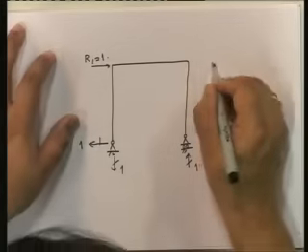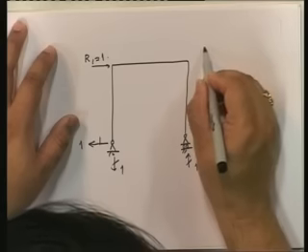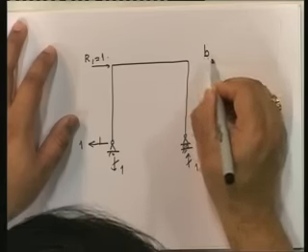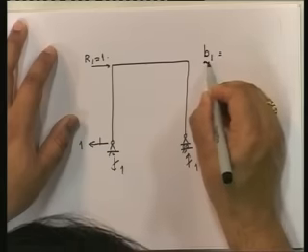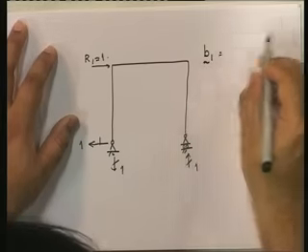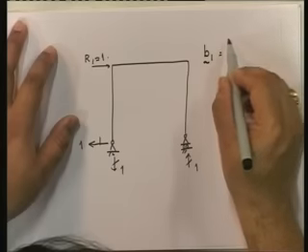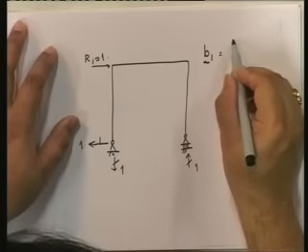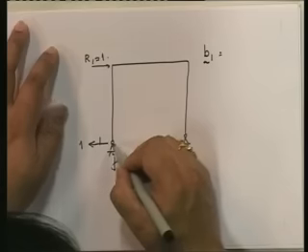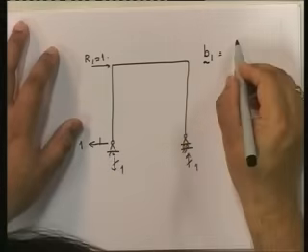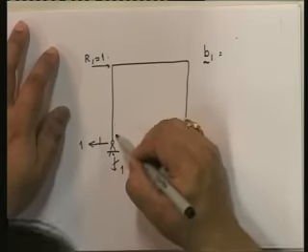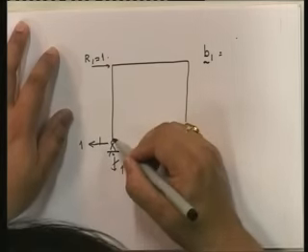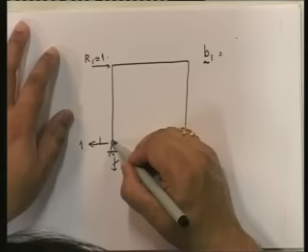So how do I find out the first column of B1? I am finding out the first column for B1. What would that be? Let's look at it. If I look at this, I can draw the bending moment diagram. How would the bending moment diagram look? It would look like this.